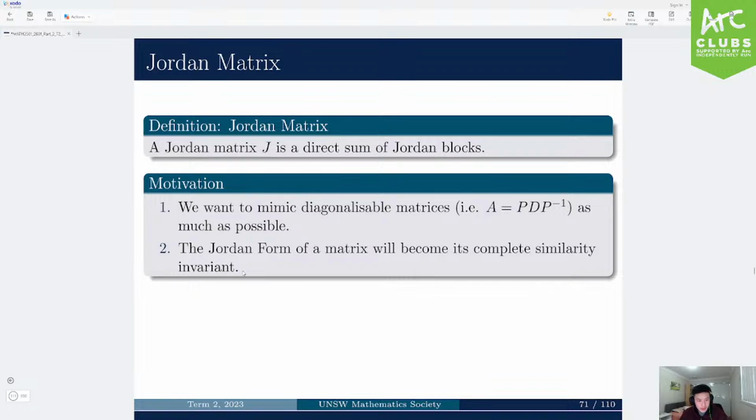Now, you notice that determinant, eigenvectors, eigenvalues, trace, rank, nullity were all similarity invariants, but they weren't a complete set of similarity invariants. Just because two matrices have the same determinant doesn't mean they're similar. But in this case here, if two matrices have the same Jordan form, then that's going to tell you that they're similar.